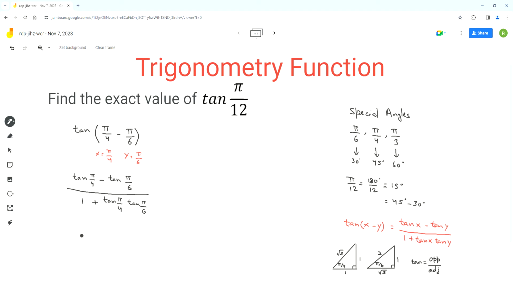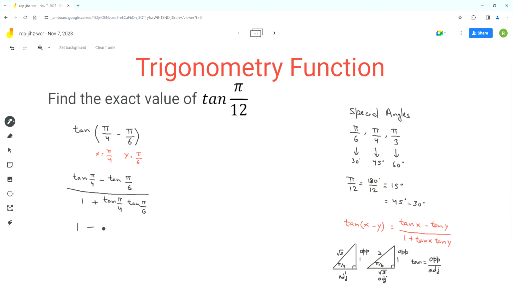Now we can rewrite our expression. So tan pi over 4 will be opposite over adjacent, so 1 over 1, which is equal to 1. So 1 minus, now tan pi over 6, this is the opposite side, and the square root 3 is the adjacent side.